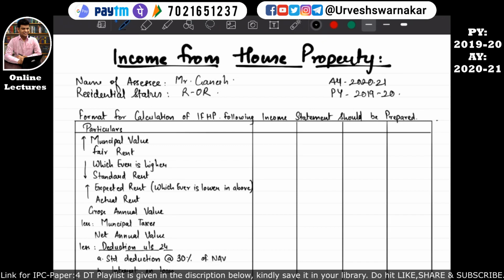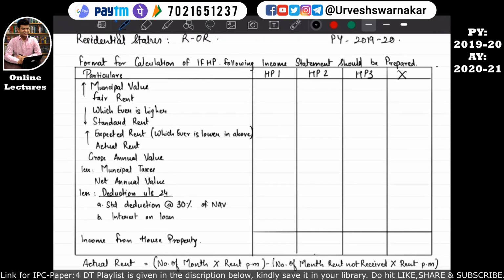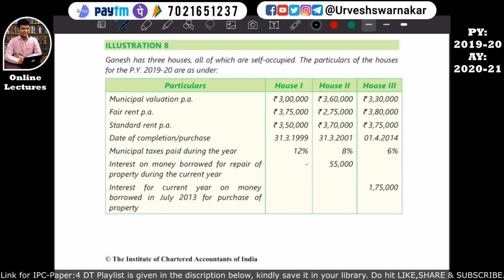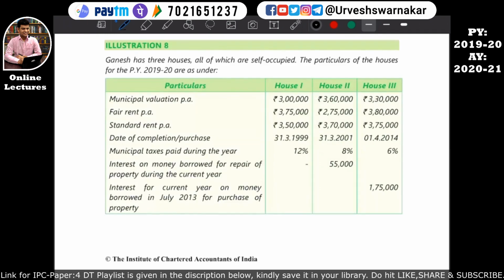We will write here house property 1, house property 2, house property 3, and we'll put a cross over house property 4 because its detail is not given. Municipal value: 3 lakh, 3,75,000, 3,50,000. We'll first simply learn to feed the details in the solution.